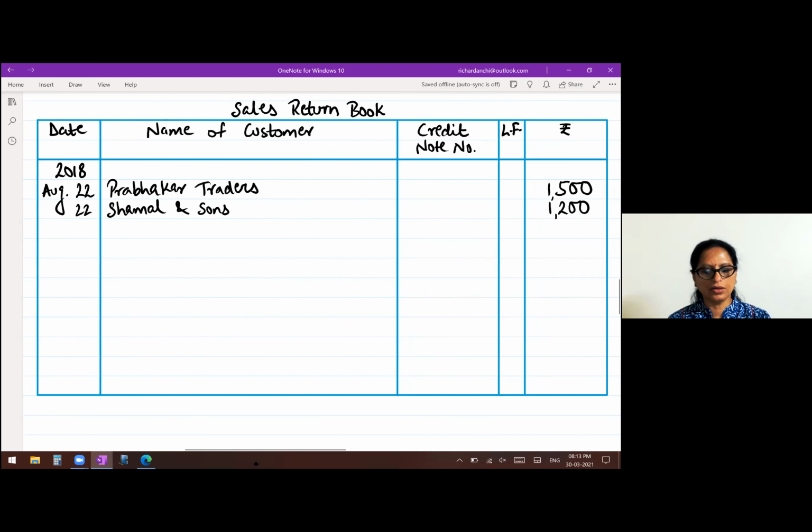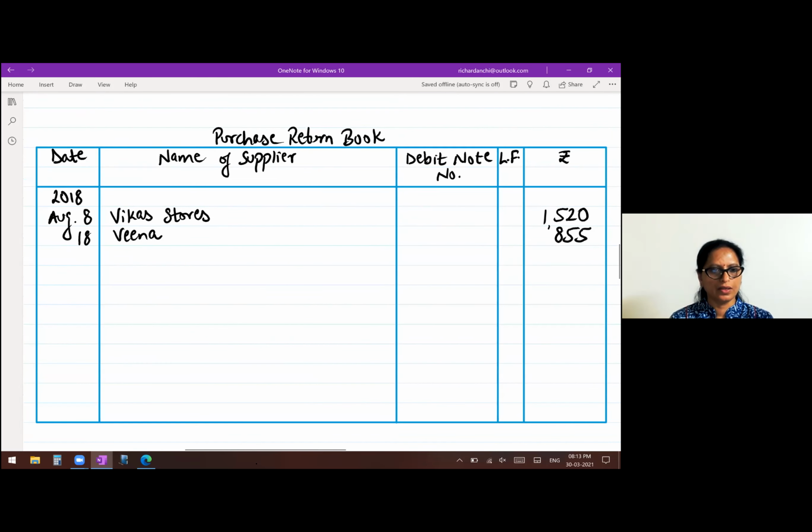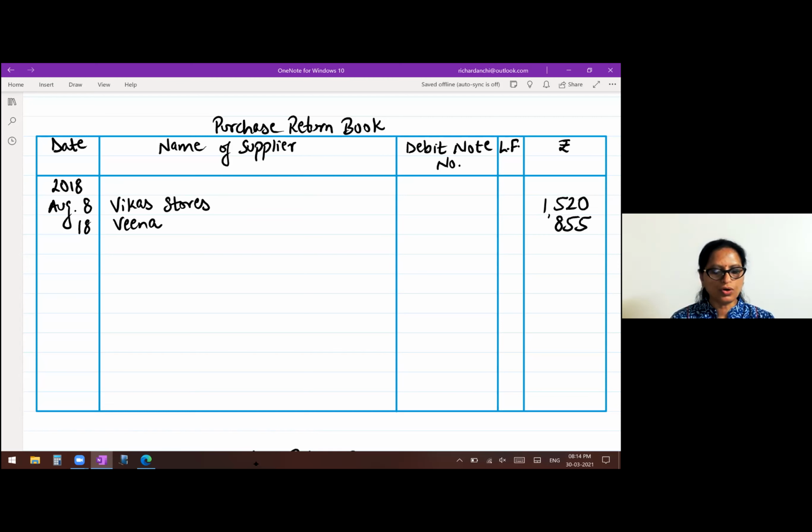In the sales return book, we will write 28 Aradhana Stores 2,400. Because she is returning goods worth 2,400. Now the same were returned to Sadhana, but when Sadhana had sold, it was at a profit. So this 2,400 in the purchase return book on 28, write Sadhana Stores.